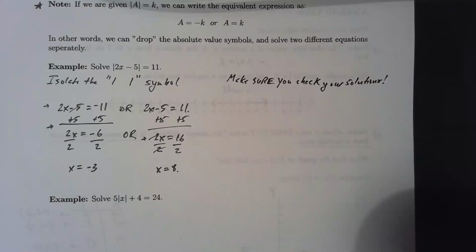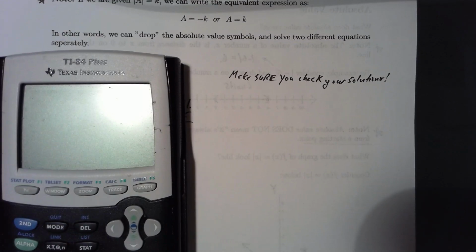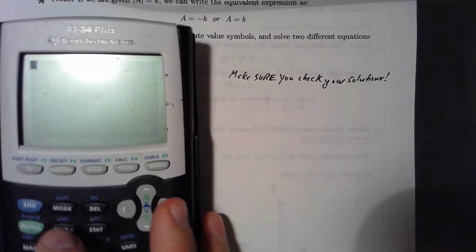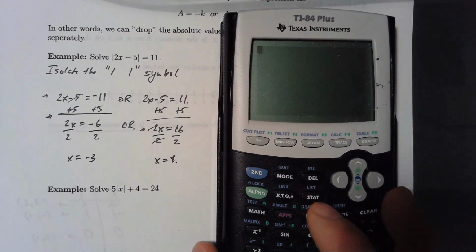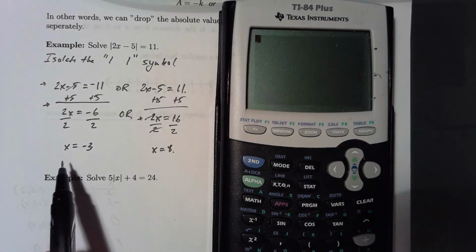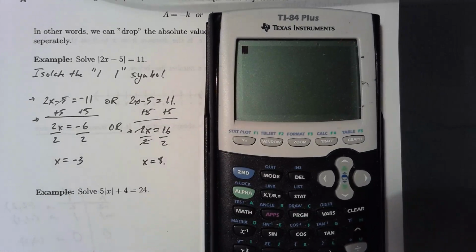If you remember, back when we did polynomial equations, and you can do this for any equation, you can store that value in your calculator. Remember I showed you that? So let's do that. Let's store negative 3.